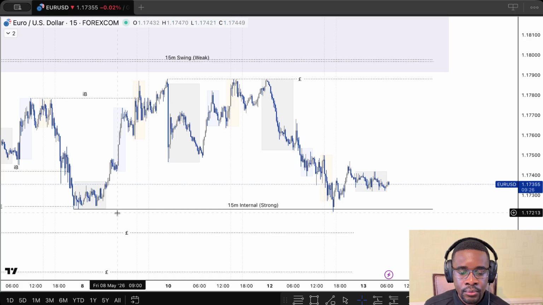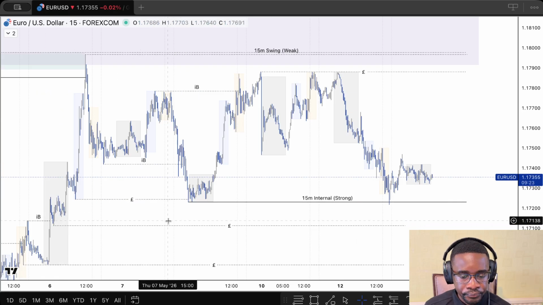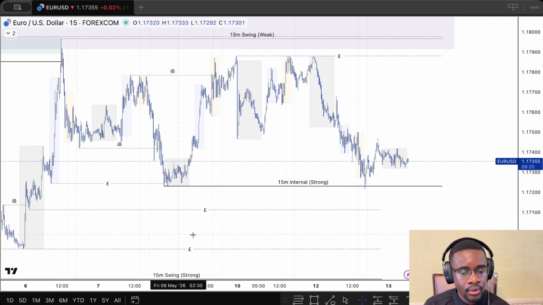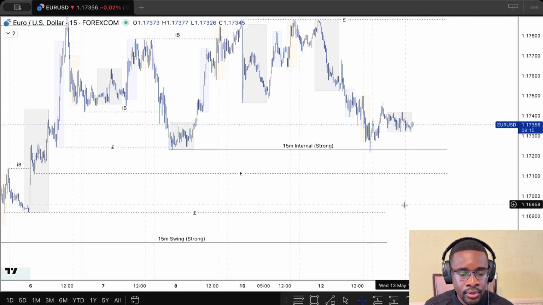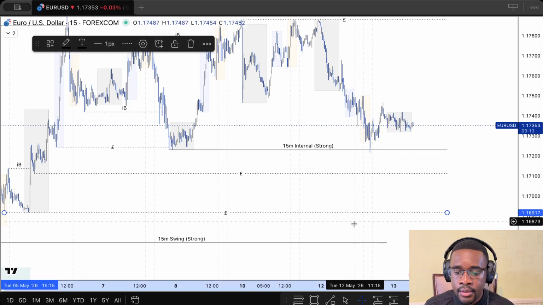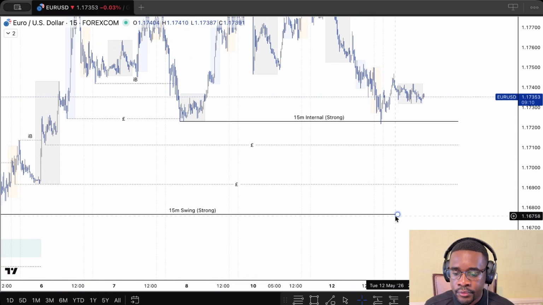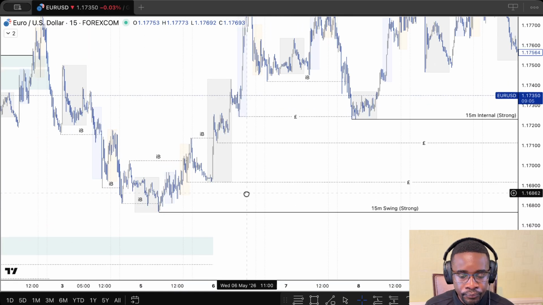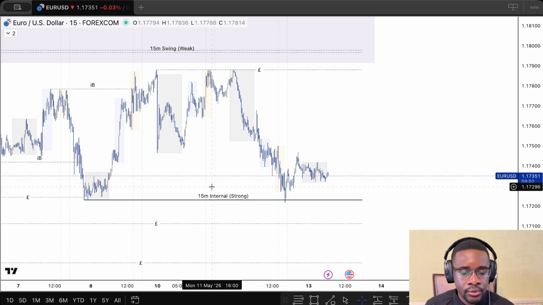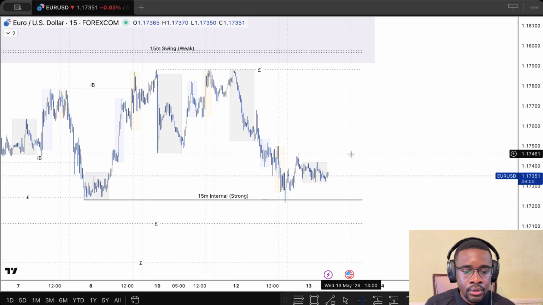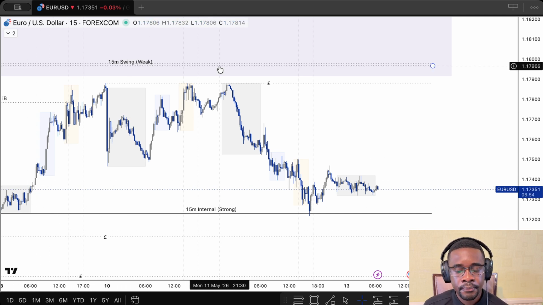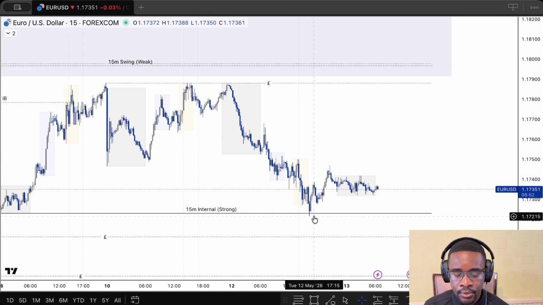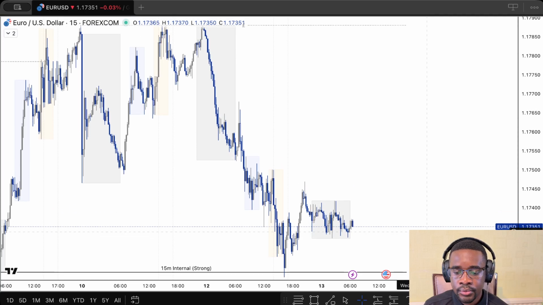Okay, so we have our Asia low that was taken. And then we do have this structure point in Asia, as well as that double bottom, relative equal lows. So as it stands, I failed to make a high, came and swept this low, internal low.